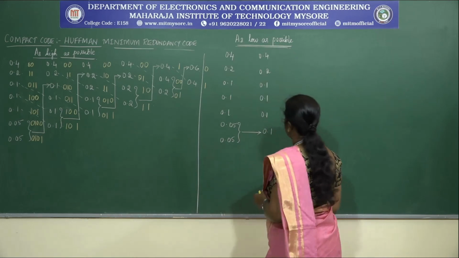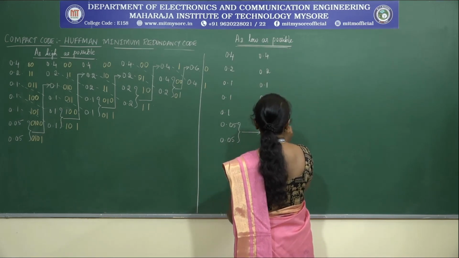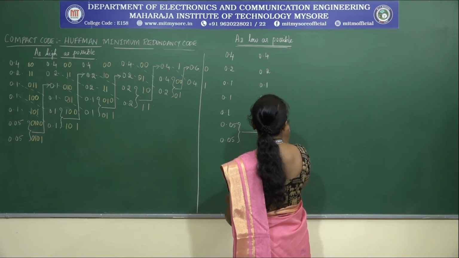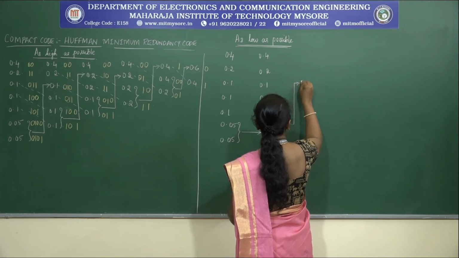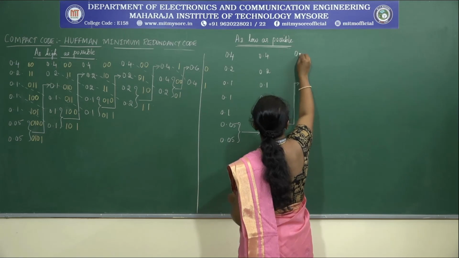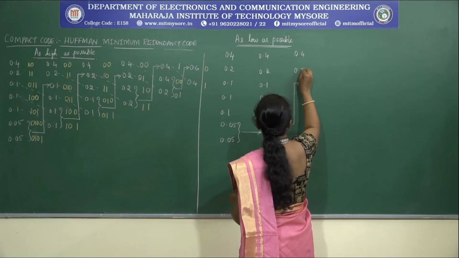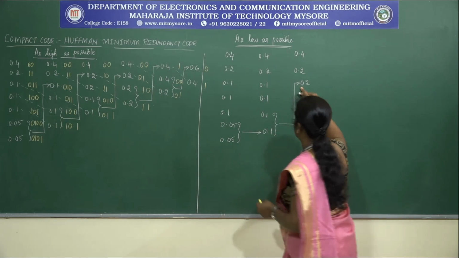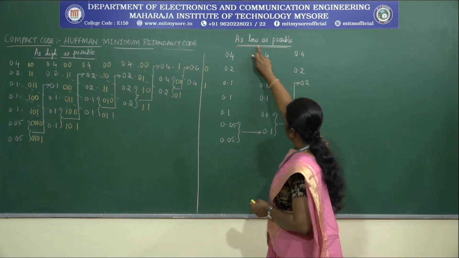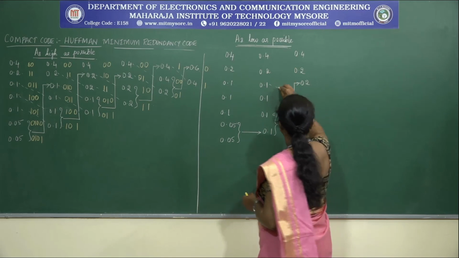Next combine these two. The value of this is 0.2, so you need to place it below this. So this is your 0.4, this is your 0.2. Below this you need to place the newer probability, since we have to follow the as low as possible condition.